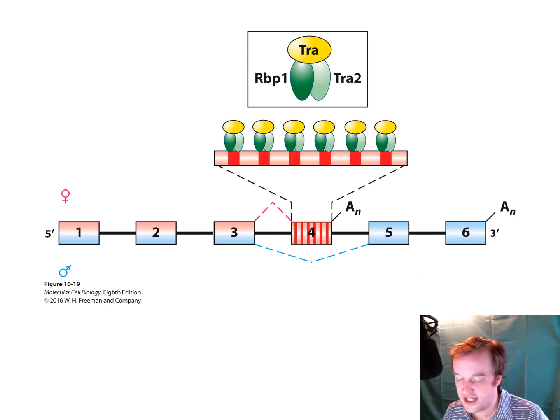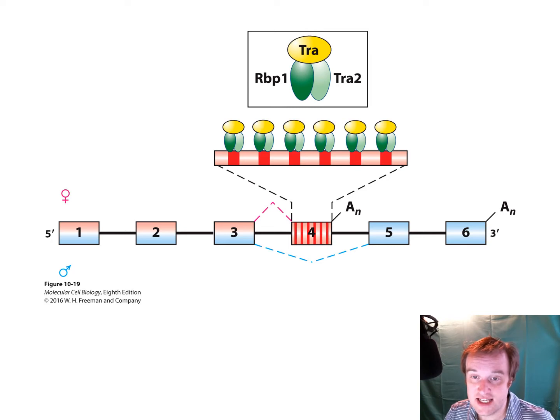Okay, so looking at how TRA, TRA2, and RBP1 allow this differential splicing to occur. TRA, TRA2, and RBP1 interact with the doublesex pre-mRNA, and RBP1 and TRA2 are these SR proteins that we talked about previously, and they require TRA to cooperatively interact with this exon.